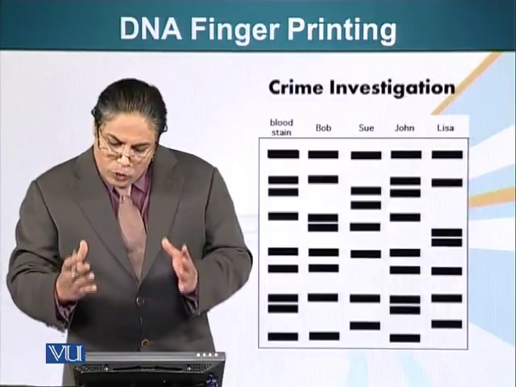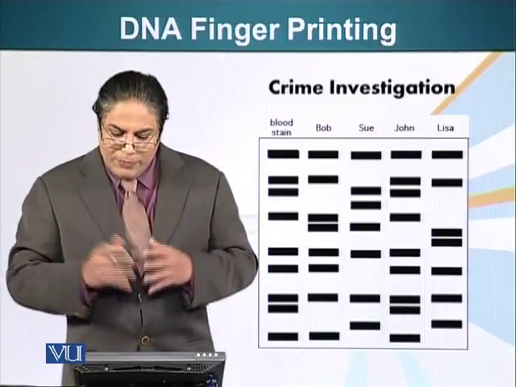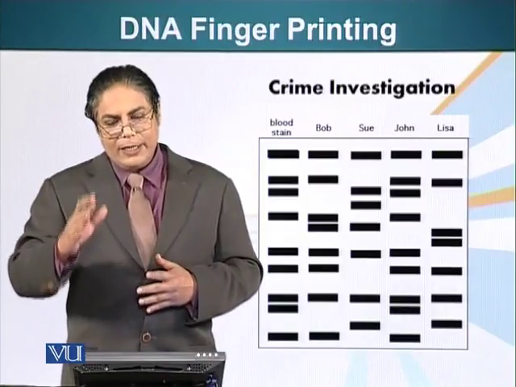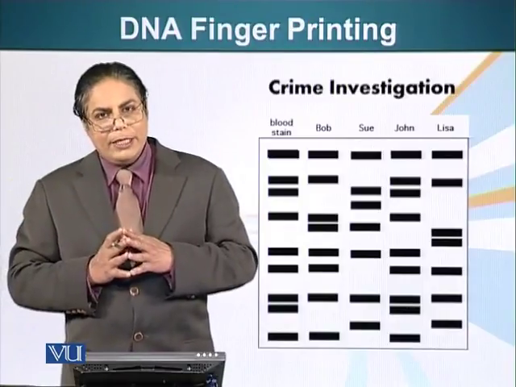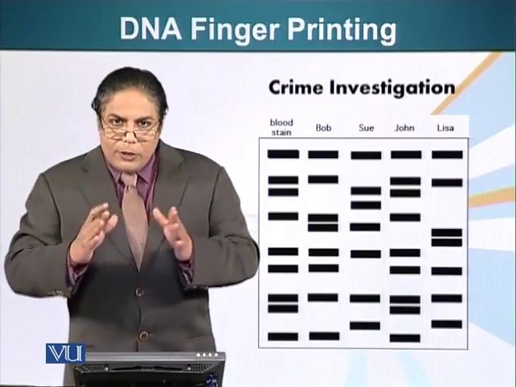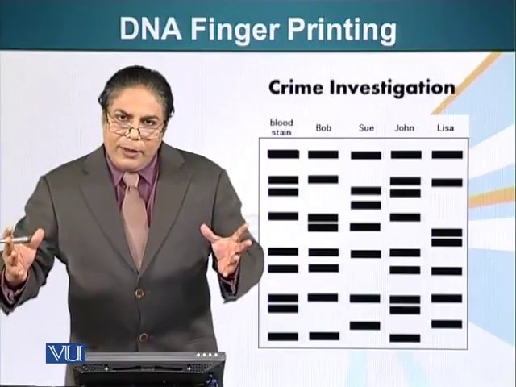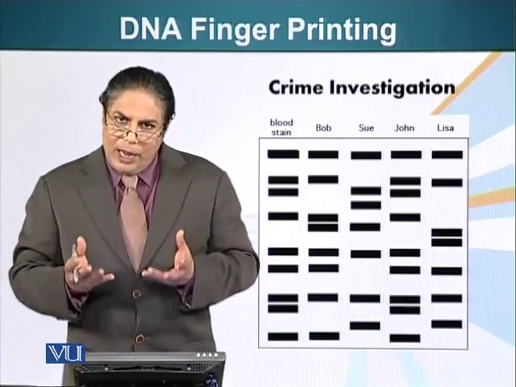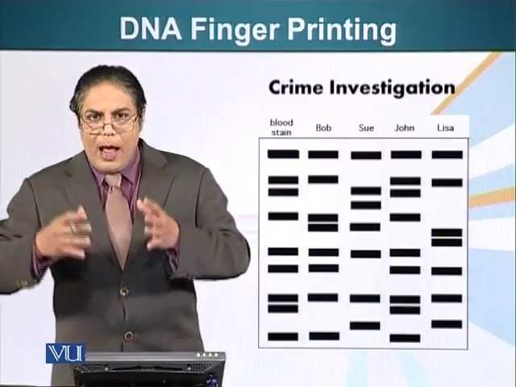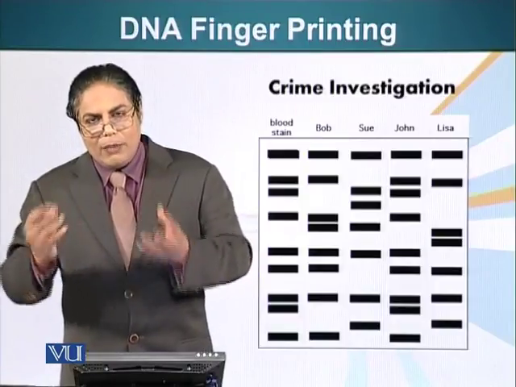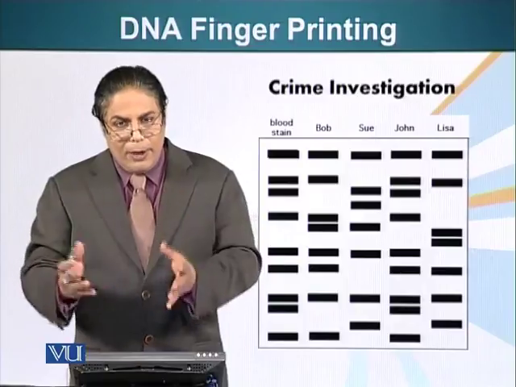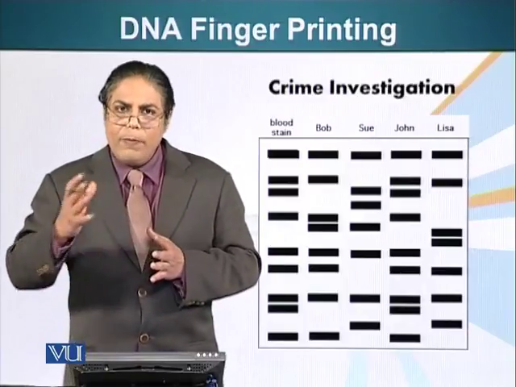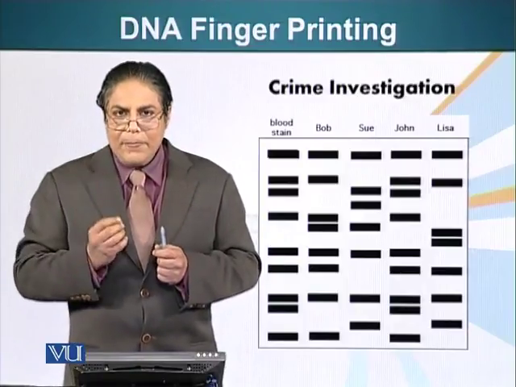Another use of this technology, as I mentioned, is crime scene investigation. I have said the probability of 2 people having the same VNTR bands is 1 in a billion. So say, for example, if there was a crime and there was a victim, and the victim had some sample of the aggressor or the criminal who committed that act, it could be some simple things. Saliva.